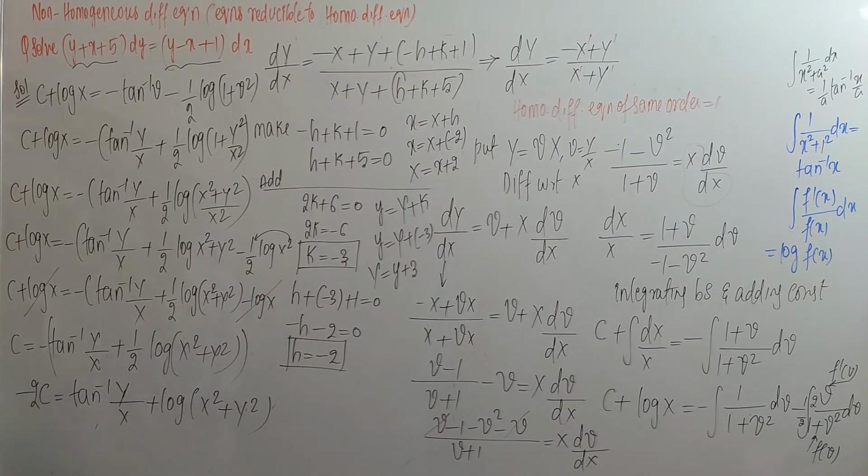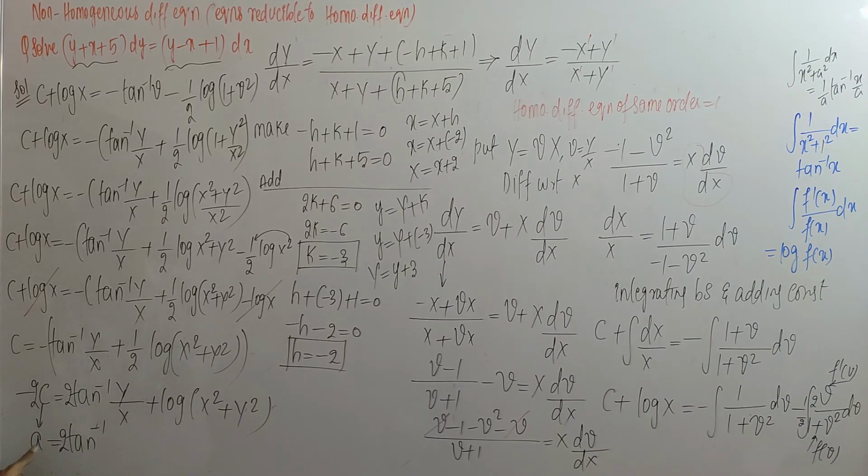Take this minus 2c as another constant A. A is equal to tan inverse. Here if we take LCM, then we'll get 2 here, that is multiplying both sides by 2.